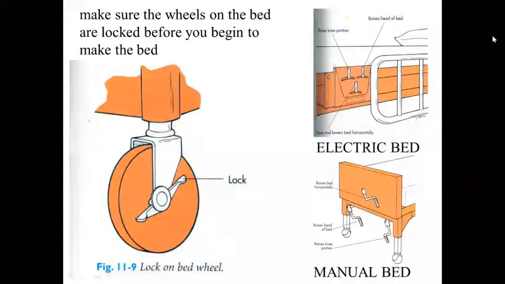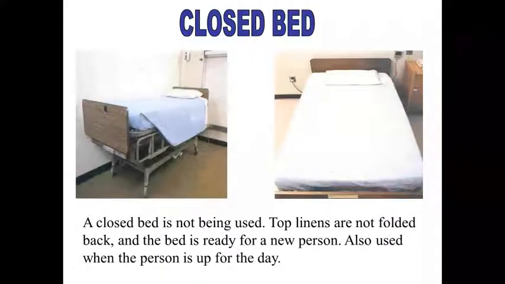Before any bed making, you should make sure the wheels on the bed are locked before you begin to make the bed. And the position of the bed allows you to change the linen. We can classify beds after bed making as closed bed and open bed.